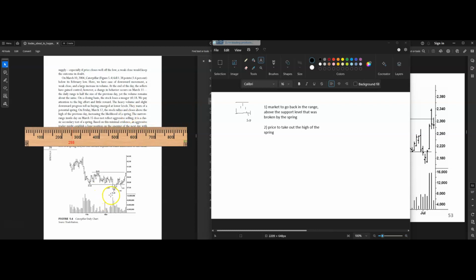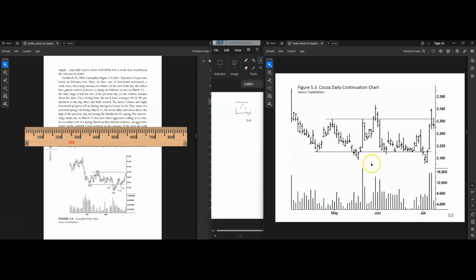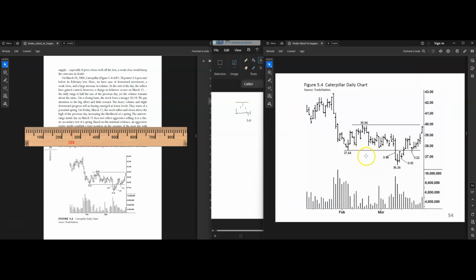So the question is, why didn't he take this bar? What bar is that? Why didn't he take this big bar, right? Because it closes or takes out the high of the prior bar, the spring bar. The reason is it's not within the range. It didn't pull back into the range yet.